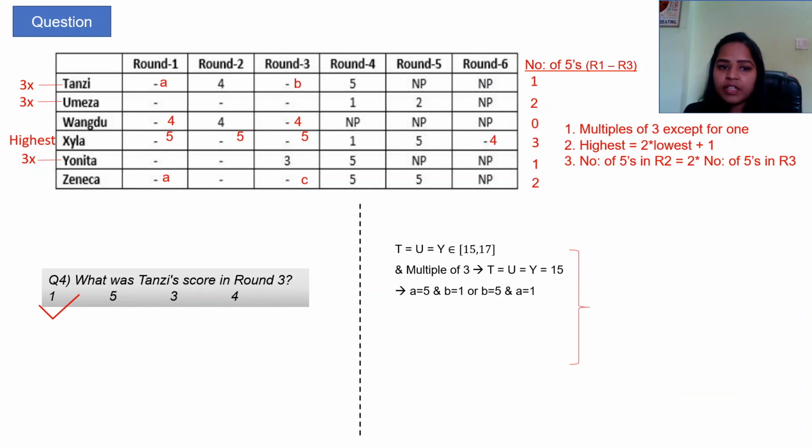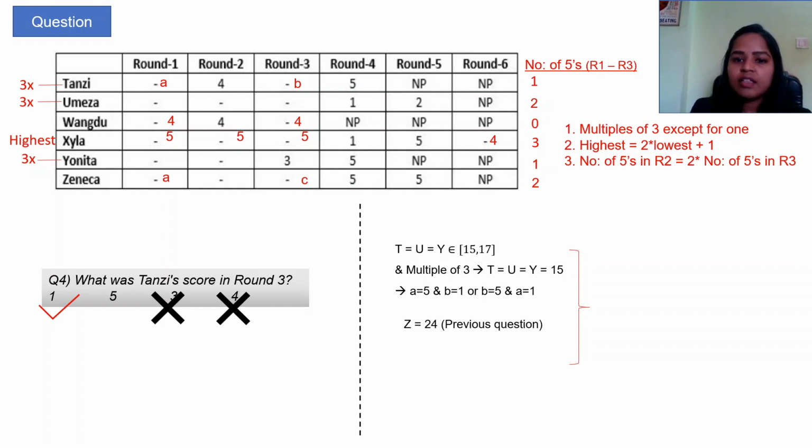Now from here it's very clear that T's score in round 3 should be 1. I'll tell you how. Now we know that according to T's score, when it is 15, A is 5 and B is 1, or B is 5 and A is 1. So definitely 3 and 4 are not the answers. So Z is equal to 24, as we got in the previous question.